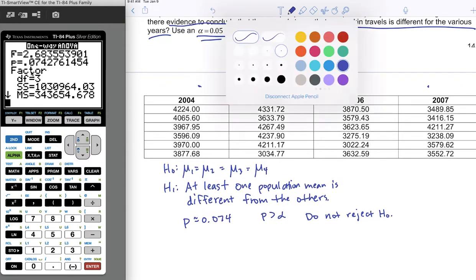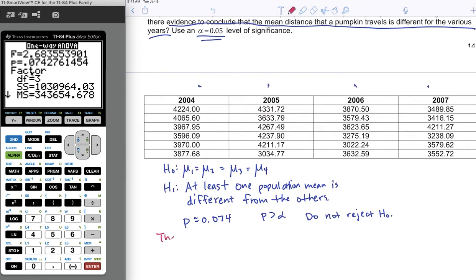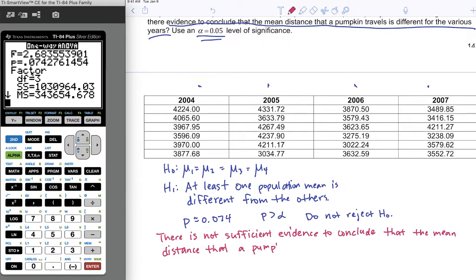So first of all, there is not sufficient evidence to conclude that the mean distance that a pumpkin travels, I'm stealing it from the sentence above, is different for the various years.